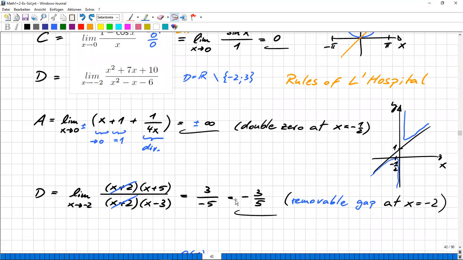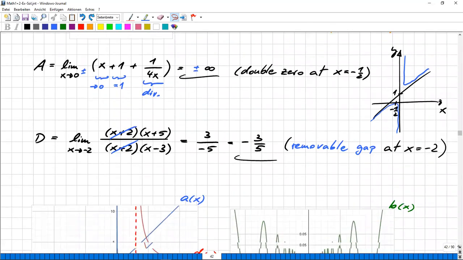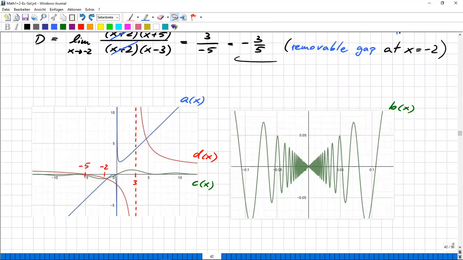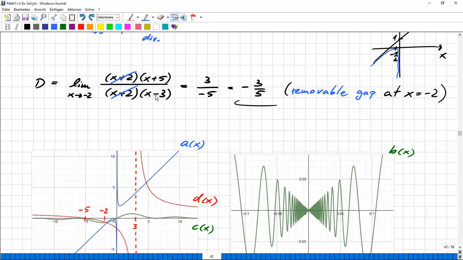If you wonder why this is, just look at the sketch or at the graph here below, and it's the red one where you see there is actually a definite gap at x equals 3. No wonder, because this hasn't been shortened away. So this is a non-removable gap at x equals 3.